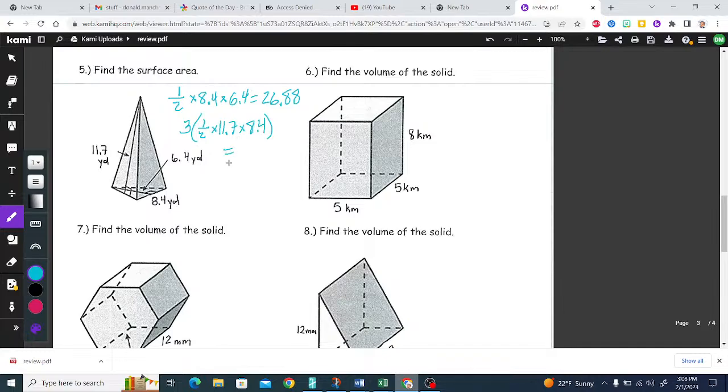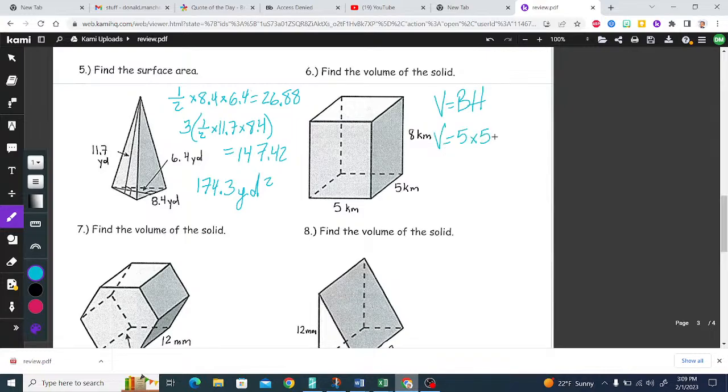So that's 3 times 0.5 times 11.7 times 8.4. That gives me 147.42. Adding the 2 numbers together, plus 26.88, that gives us 174.3 yards squared.